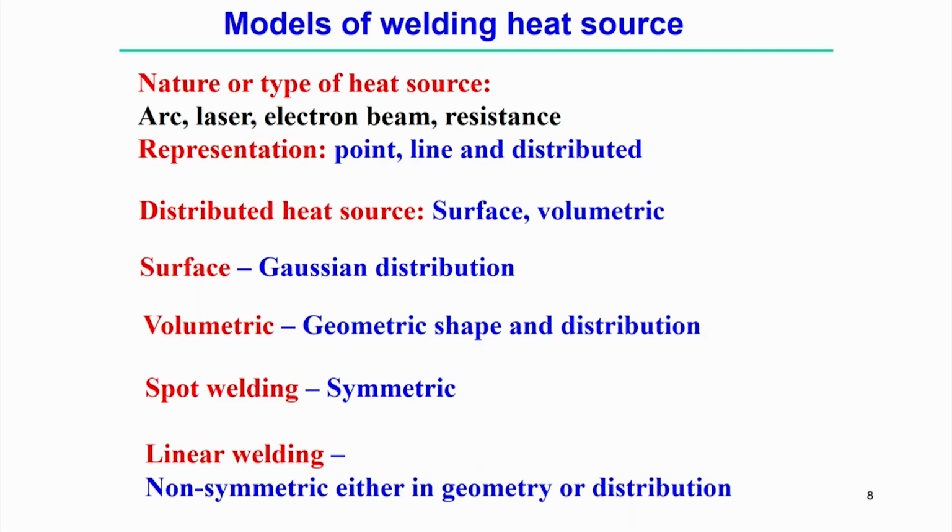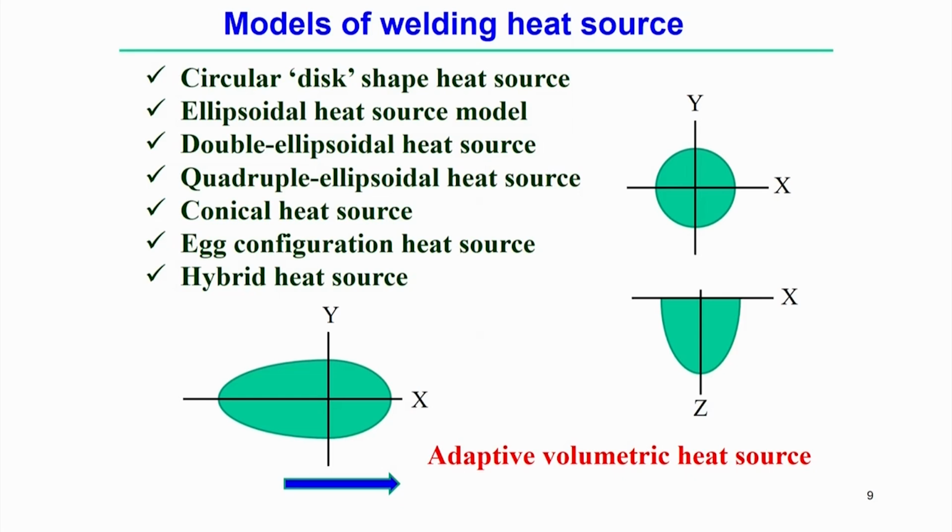That non-symmetry can be represented either in geometry, or in distribution, or both. In that way we can represent the different types of heat source. So, we will discuss more on that.